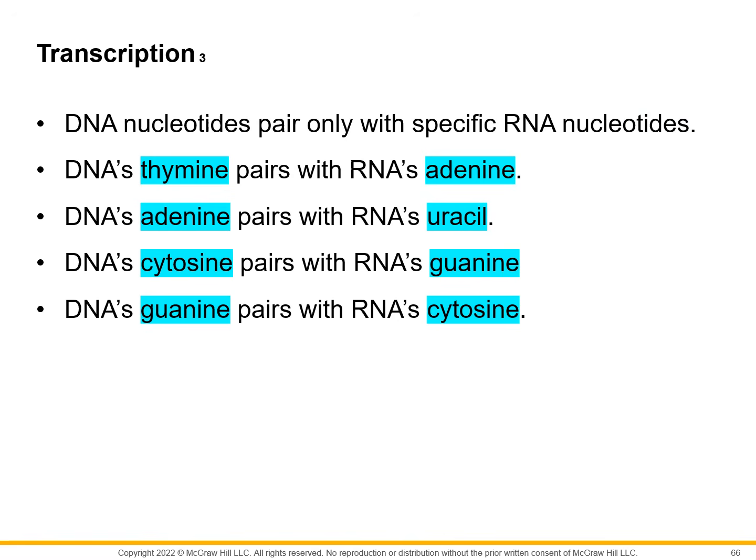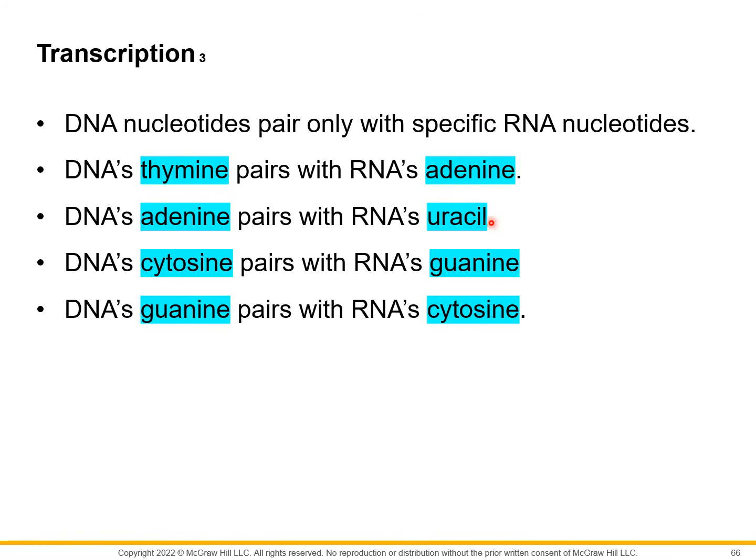Okay, so on this slide, it just lists down the supposed base pairs. So ito yung mga base pairs na present sa DNA, and ito yung mga base pairs na present dun sa messenger RNA. Alright, so thymine could pair up with adenine. Adenine could pair up with uracil.